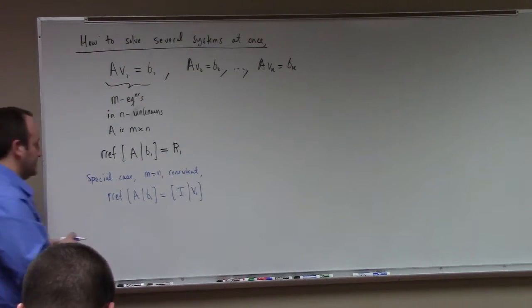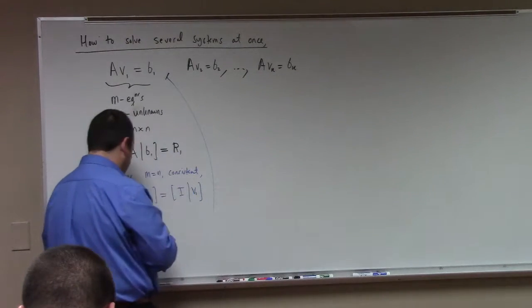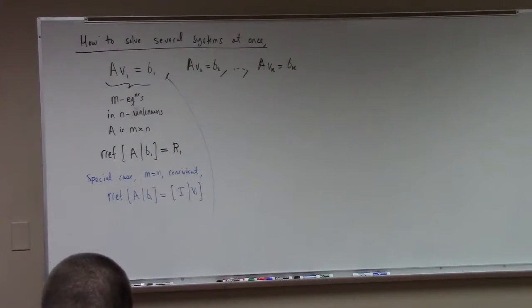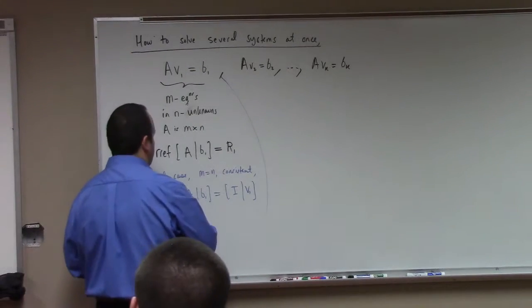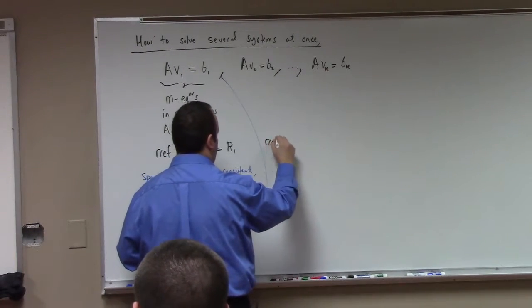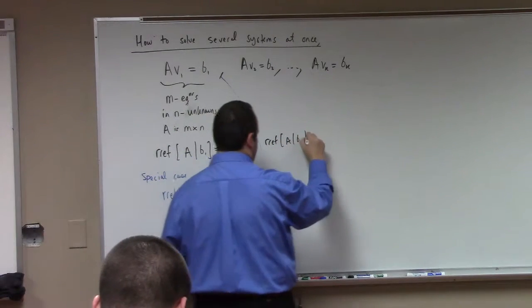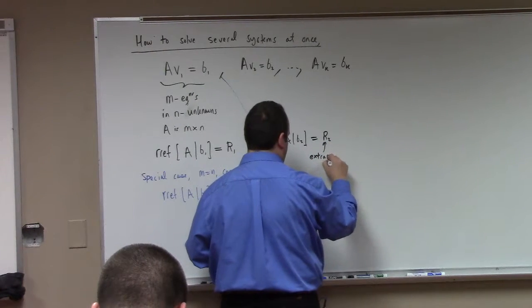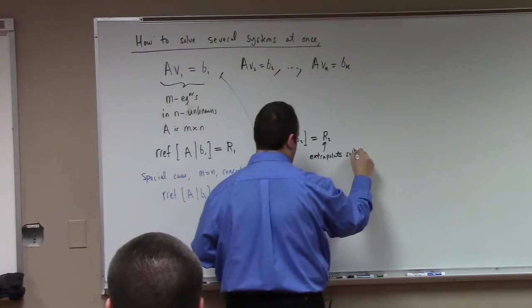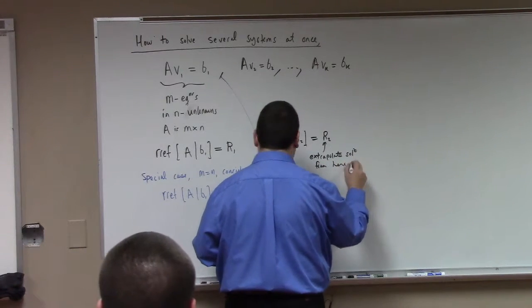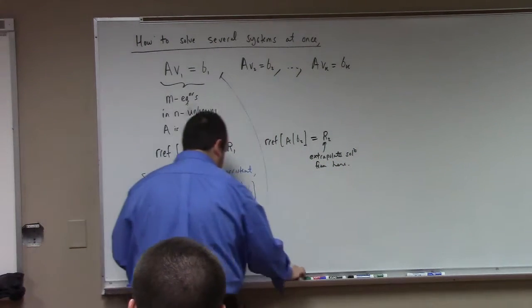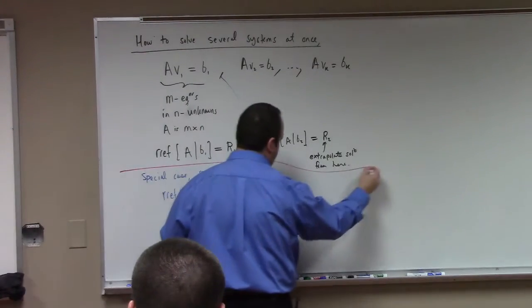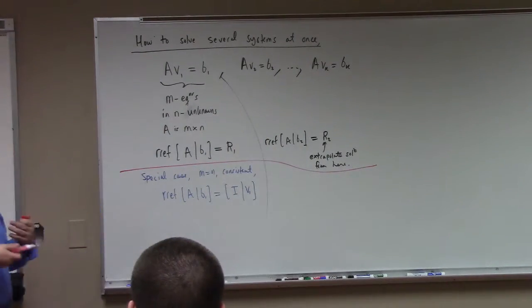How do we solve the second system? Again, you'd look at the reduced row echelon form of A with B2 slapped on it. That would give us an R2, and we could extrapolate the solution from this. Sticking with my special case once more, if it happened to be the case that, for system 2, we had as many equations as unknowns, then what would you have?